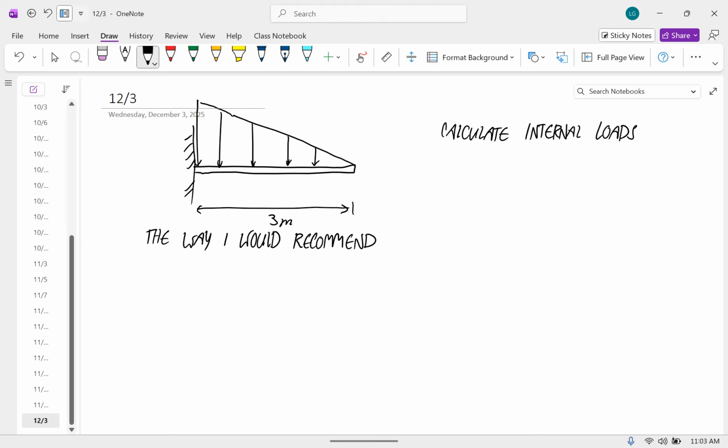I did it exactly backwards. So the point of that triangular distributed load is on the right. And I'm going to do this calculation, but first I just want to point out that the way I would recommend is imagine walking over to the other side. You have the connection to the wall on this side. And the distributed load like this.